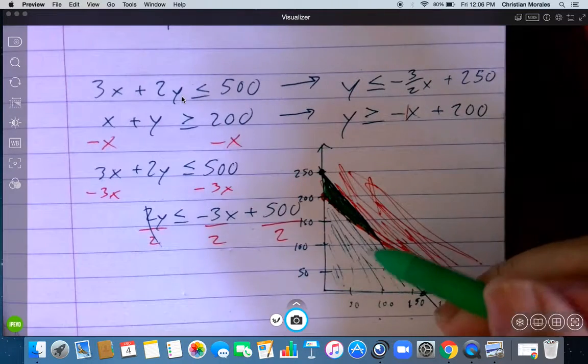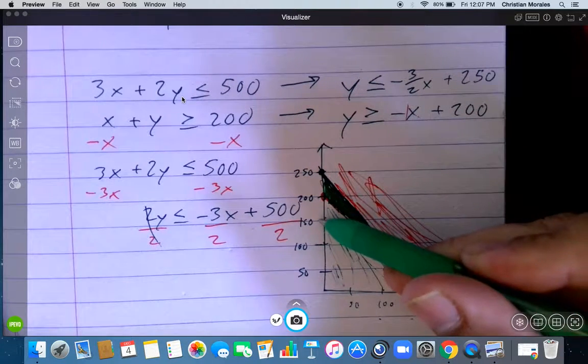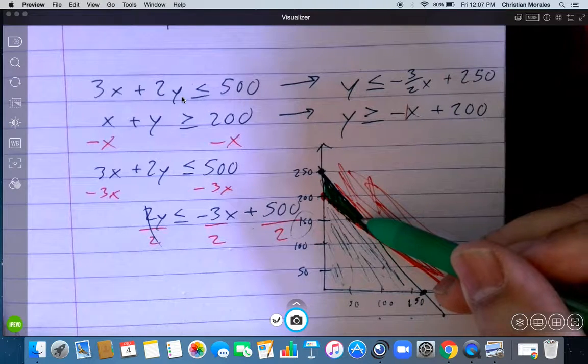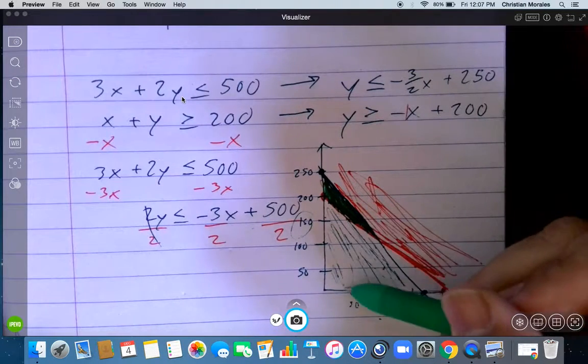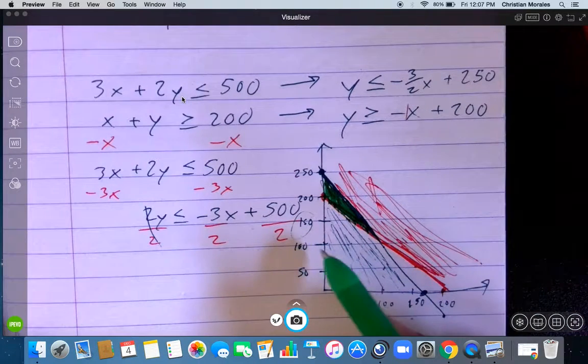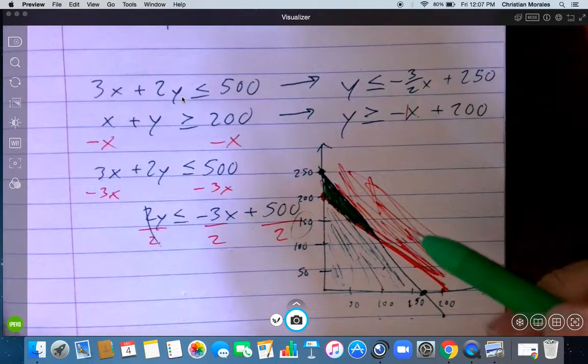So if we're trying to keep it even, I'd say somewhere around 150 for Y and around like 50 for X would be a good place to start. Somewhere around here. I think that would be good.